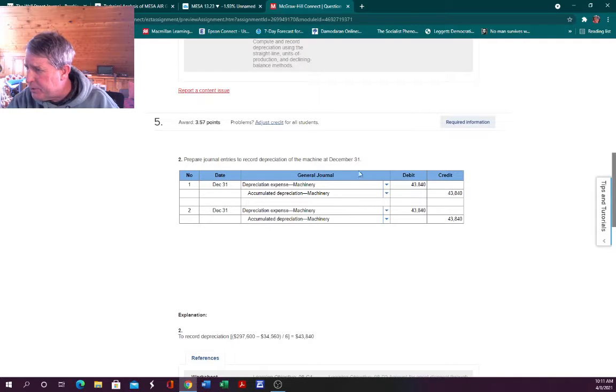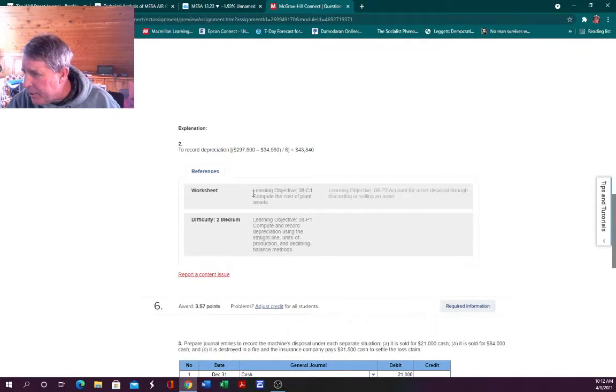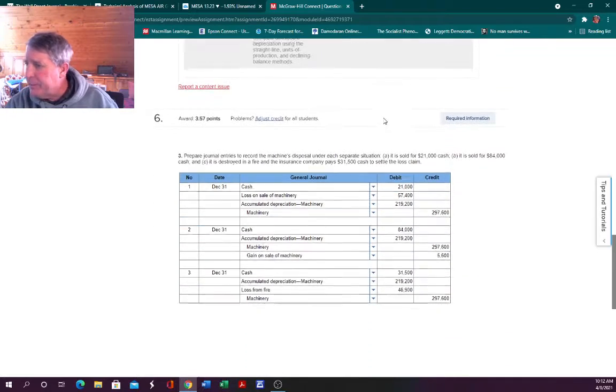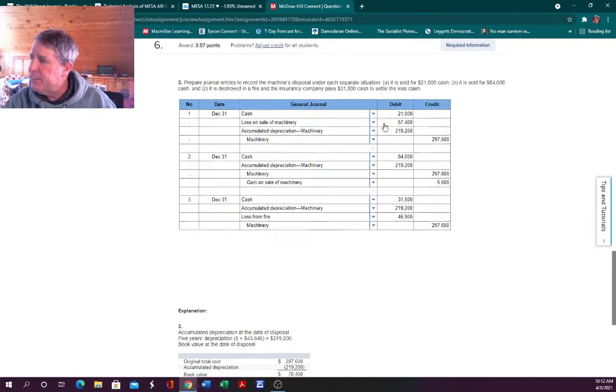Prepare journal entries to record depreciation of the machine on the 31st. There it is, and here's the explanation. 297,600 in my case, minus 34,560, divided by 6, of course, for that period. 43,840.